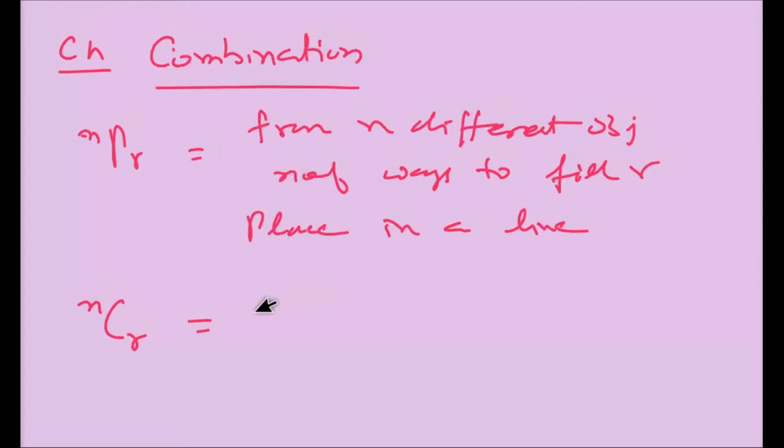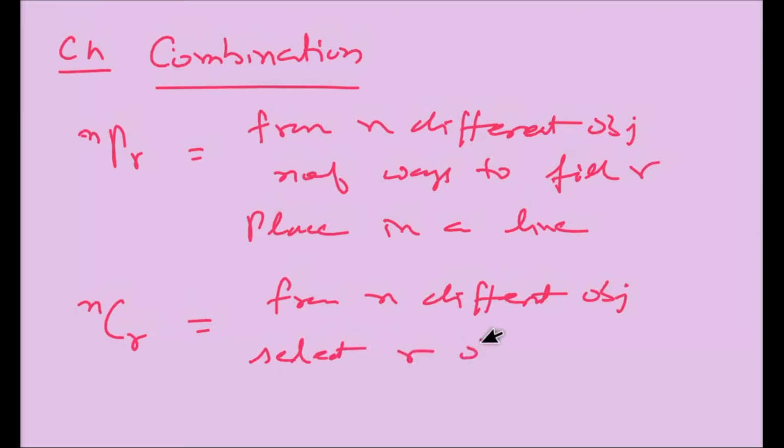Now the meaning of this is: from n different objects, you select r objects. From n different objects, select r objects, and it is known as combination.